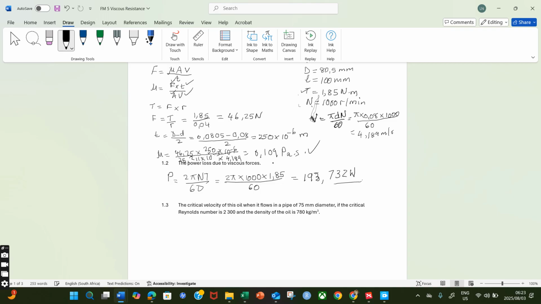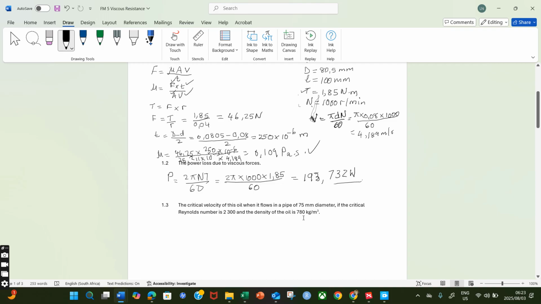Then we come to the third question, which says, calculate the critical velocity of this oil when it flows in a pipe of 75 millimeters in diameter, if the critical Reynolds number is 2,300 and the density of the oil is 780.